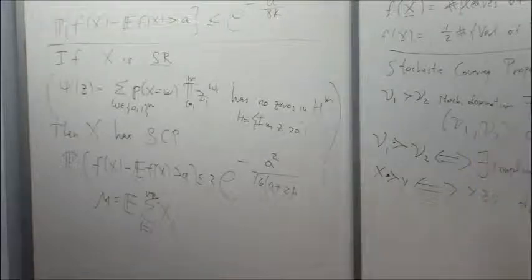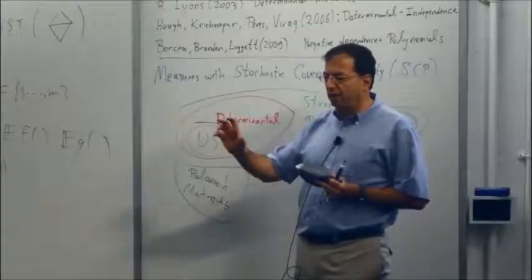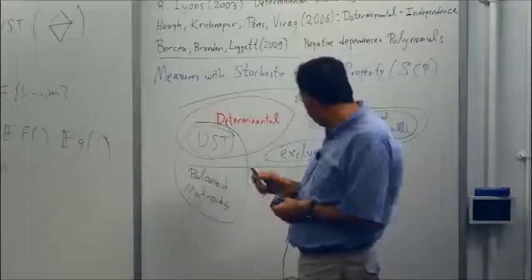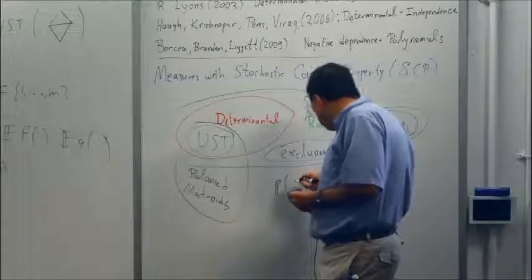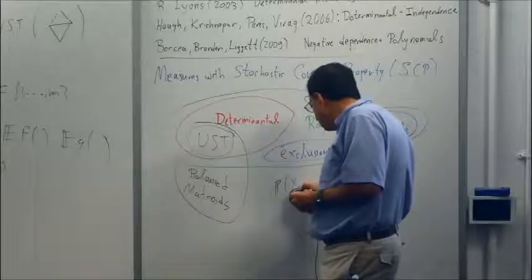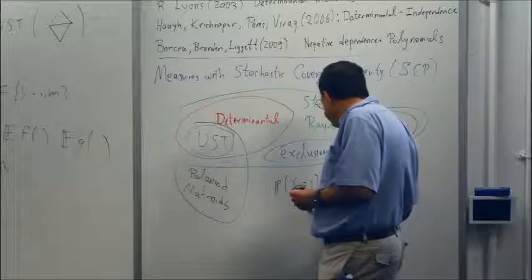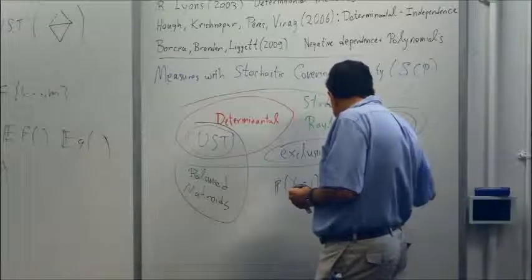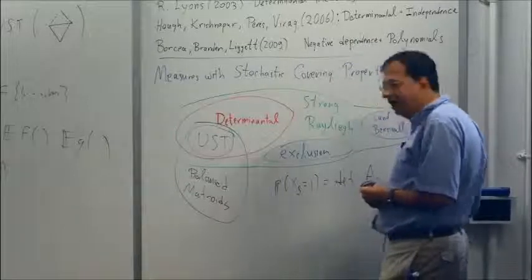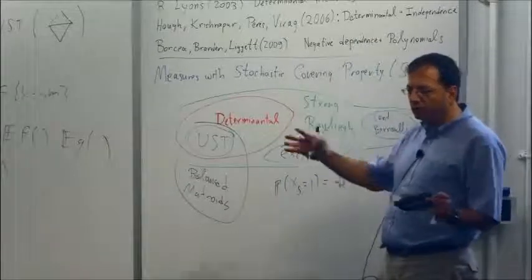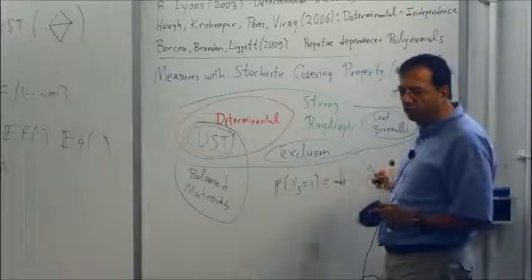So I have some examples here. Besides uniform spanning trees, any determinantal process. Determinantal just means if you ask what's the probability that the variables on some set S are 1, this is given by the determinant of some matrix, restricted to the S by S part, only the rows and columns from S. So there is some matrix that satisfies this.